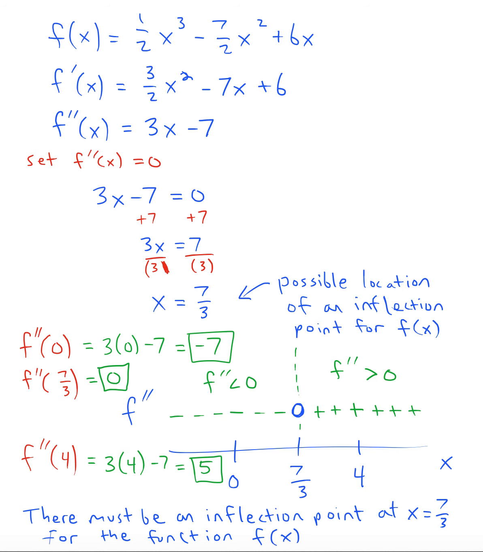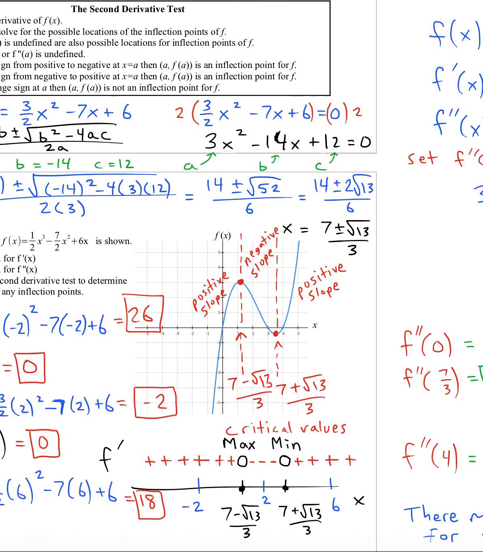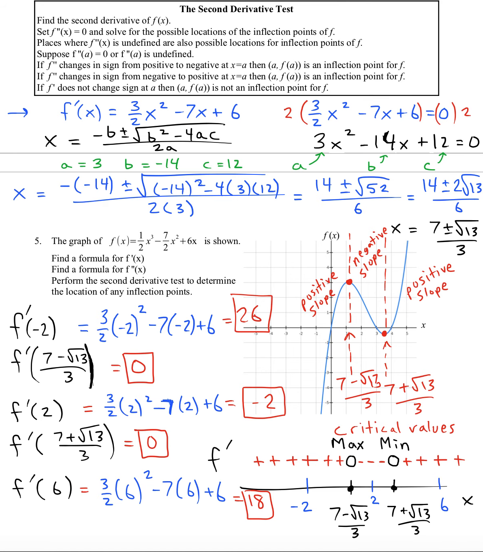So what I mean by that is, if you look back here, we know the x location of the local max, and we know the x location of the local min, but we don't know how high they are.